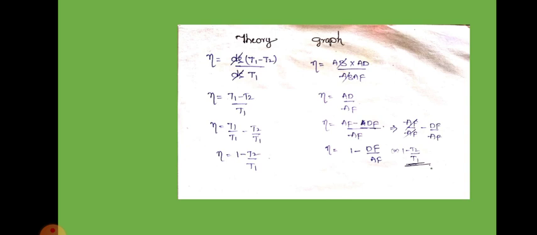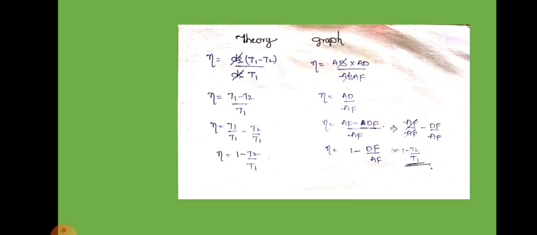In theory, the efficiency of the Carnot heat engine is eta equal to 1 minus T2 by T1. In the graph, eta is equal to DF by AF, and in the diagram DF is equal to T2 and AF is equal to T1. So finally, according to the graph, the efficiency of the Carnot heat engine is eta equal to 1 minus T2 by T1. So this is the TS diagram.